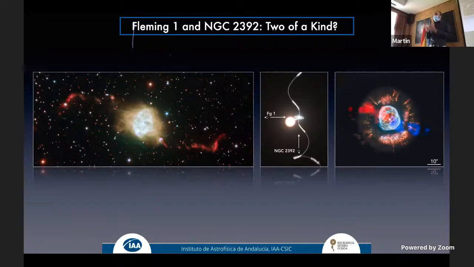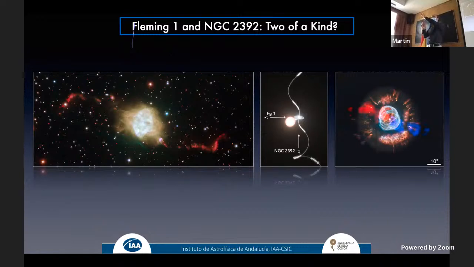So when the star leaves the AGB, it's going to be basically a core of carbon and oxygen. And then there is going to be a layer of helium, and on top of that another layer of hydrogen.